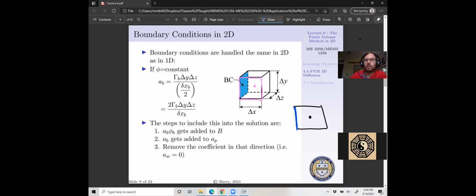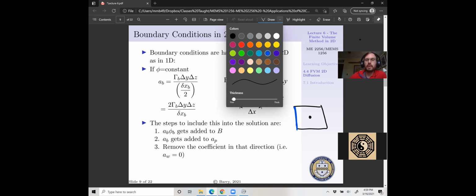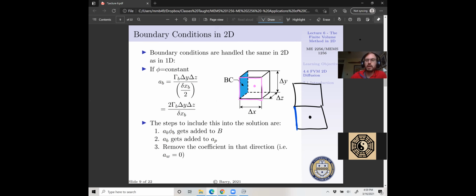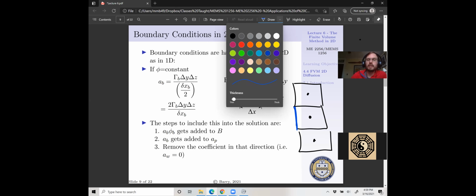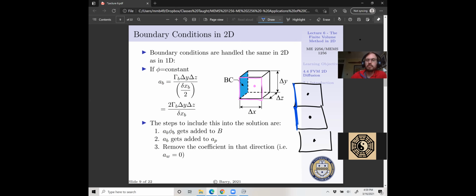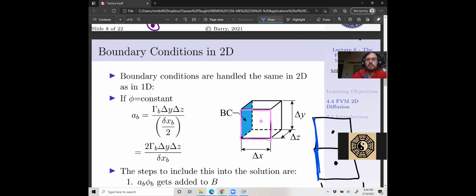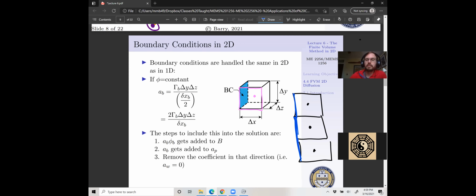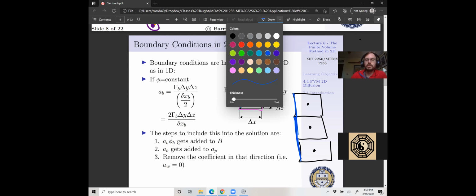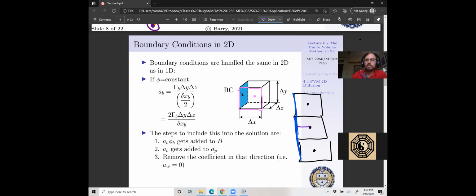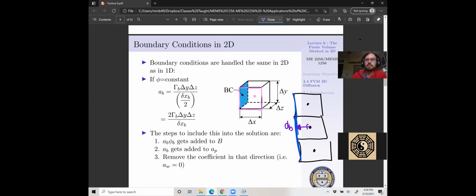So if we want AB, let's imagine there's actually just a whole bunch of boxes like this, and everything to the left is a boundary temperature. What we saw in the 1D finite difference method is we know our boundary temperature, which is phi b.